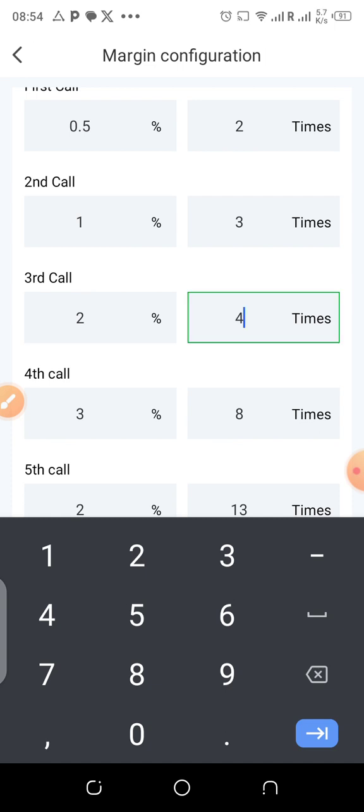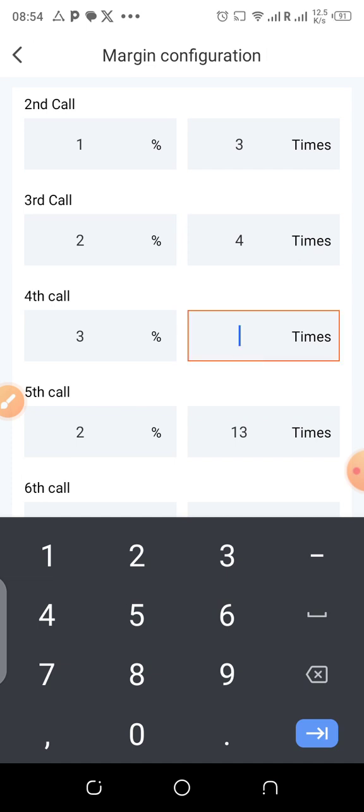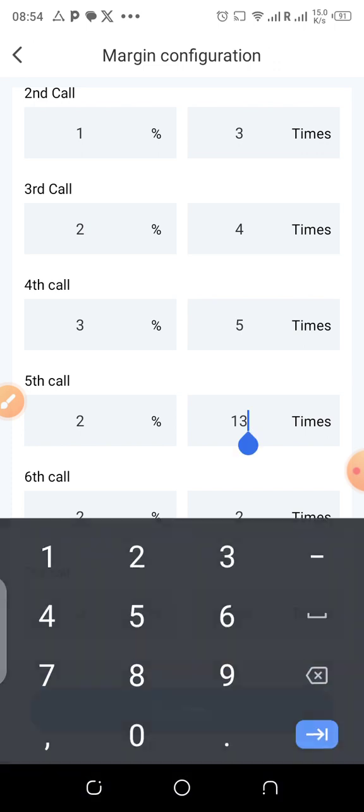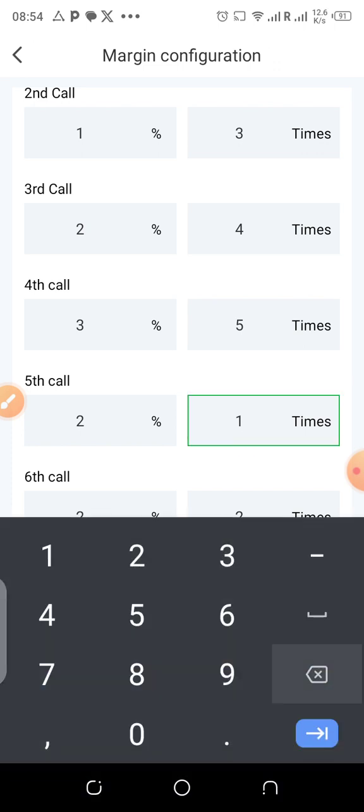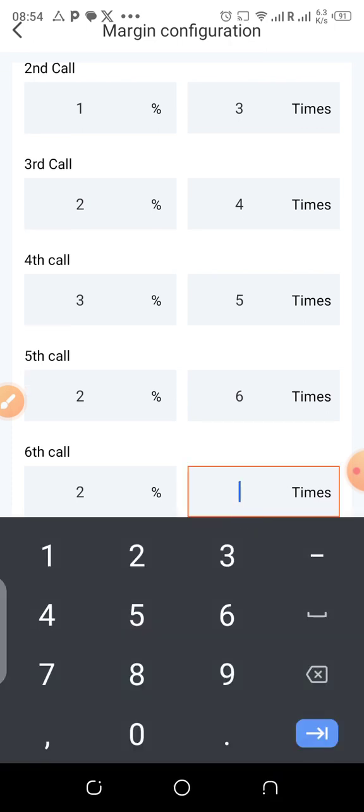Plus 1, you get 5. So that is the plus 1. You can keep plus 1, you get 6. Plus 1, you get 7. But you can also stop this from the fourth margin call.